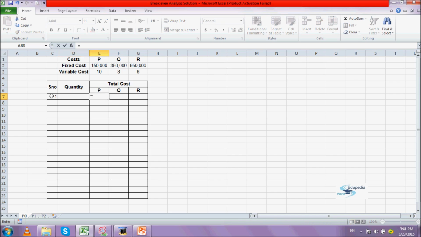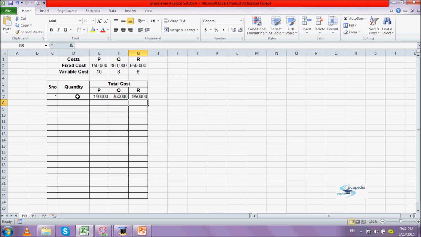Let's put the equation for P. It's going to be 150,000 plus 10 multiplied by the value which I'm going to put here, the X. The same way for Q, it's going to be 350,000 plus 8 times the value which I'm going to put here, and R, it's going to be 950,000 plus 6 times the value which I'm going to put over here.